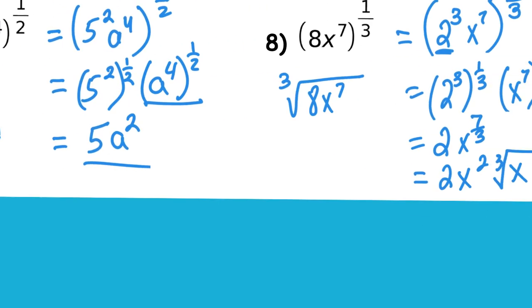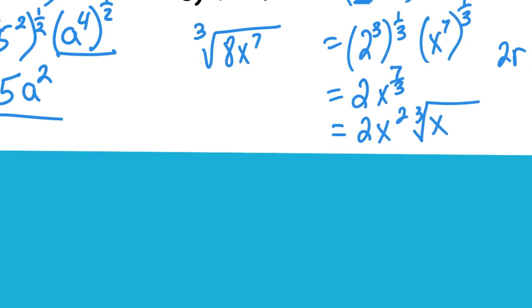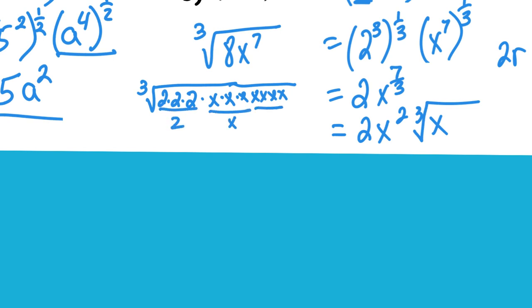Instead, the write out version would be the cube root of 2 times 2 times 2 times x times x times x, 4, 5, 6, 7. There's 3. There's 3. There's 3. And that one stays inside. Also, a lot more writing, but you're welcome to do it.